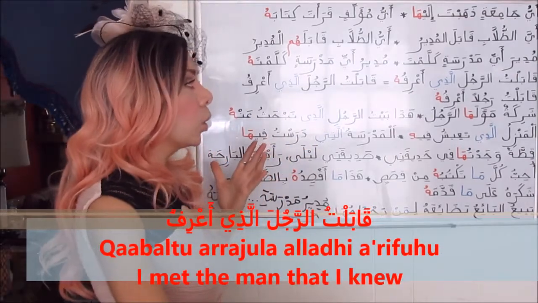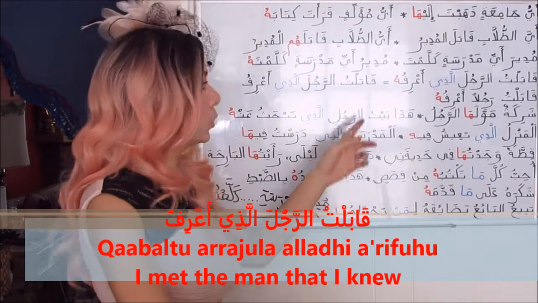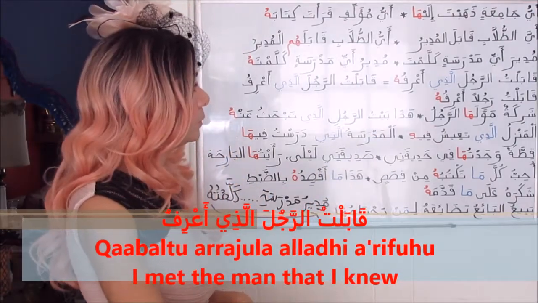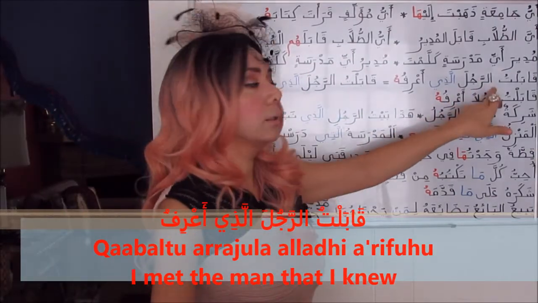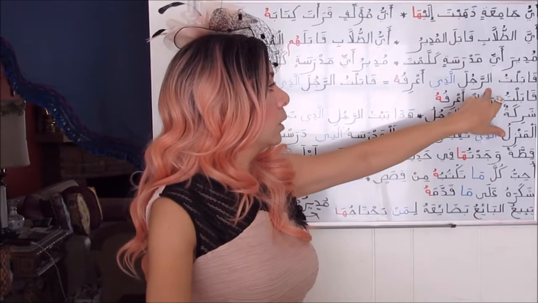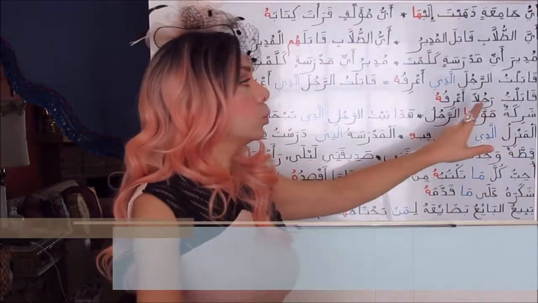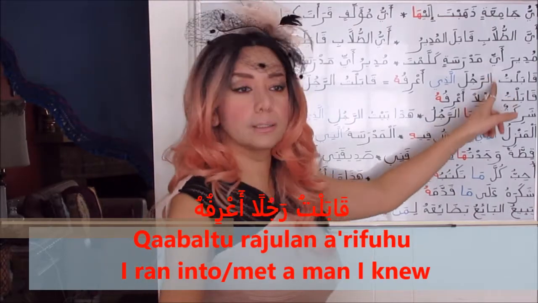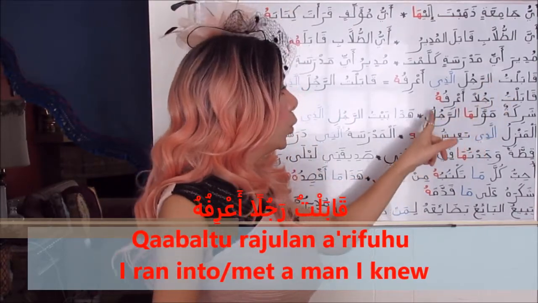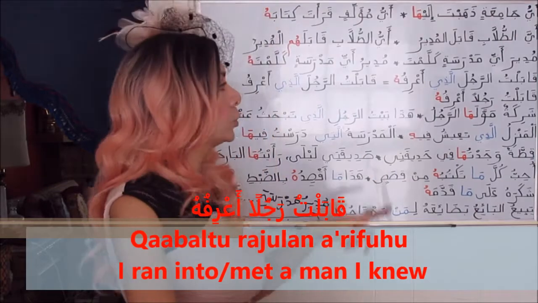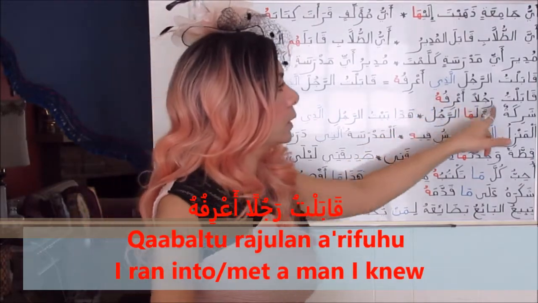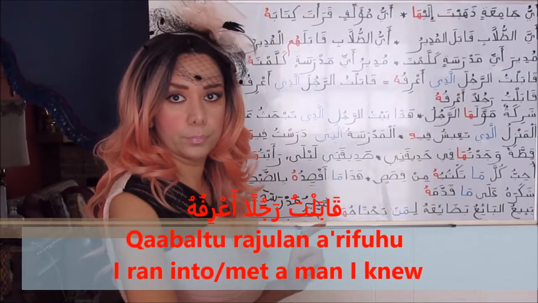So you may or may not use the resumptive pronoun. Okay? With the definite antecedent, الرجل. But if I say قابلت رجلا, indefinite, we got rid of the definite article ال, أعرفه. You have to use the resumptive pronoun, referring to رجل.